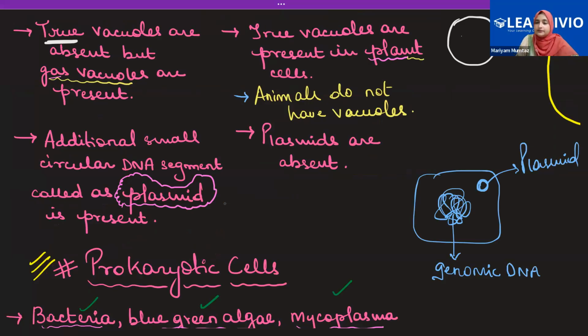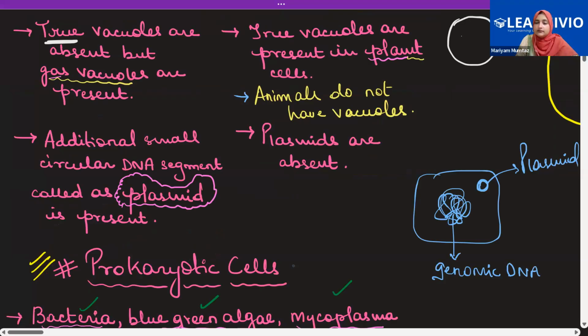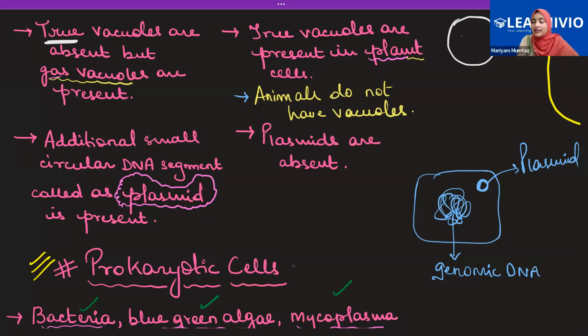Is it clear? Ma'am, can you explain genomic DNA again? Genomic DNA is the main DNA of the cell, meaning the DNA that will be doing the inheritance stuff and all of that. Whereas the extra DNA that the prokaryotes have is called the plasmid. Clear? Yes, ma'am.